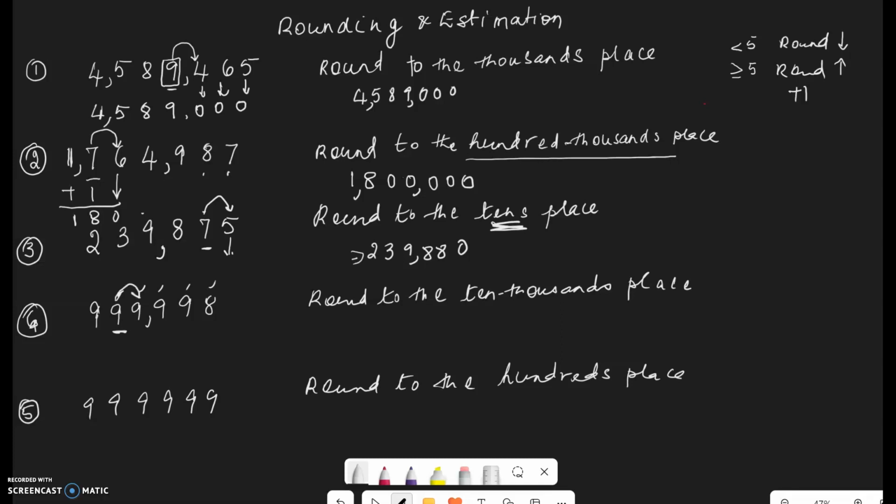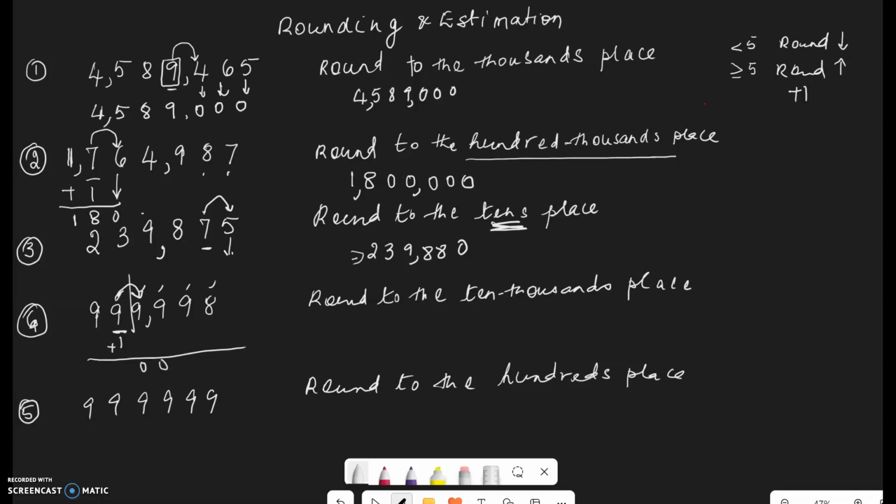Go one place value to the right. That's a 9. 9 is greater than 5. So that tells us we need to round up, which means add a 1. But what happens to all these digits after the 9 in the 10,000s place? Everything becomes a 0.